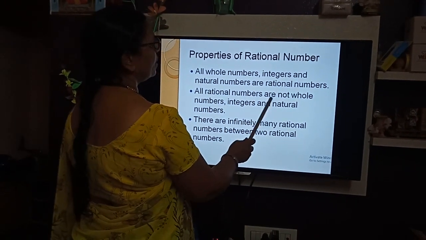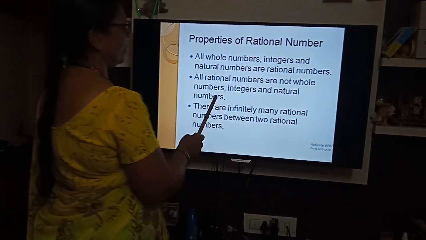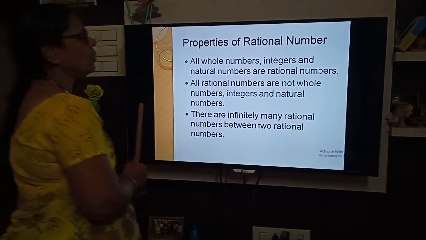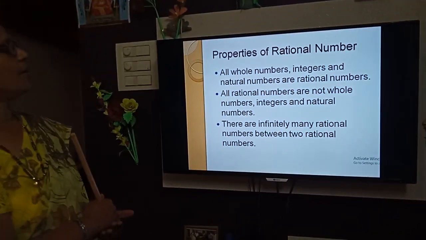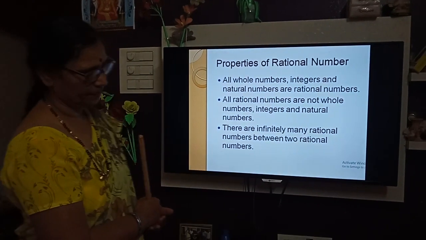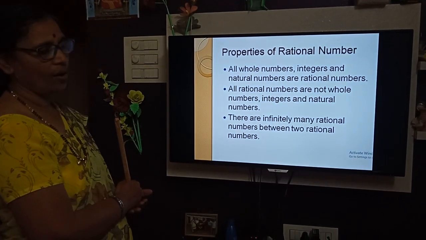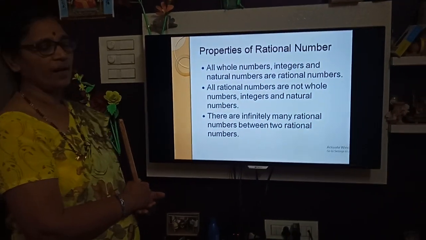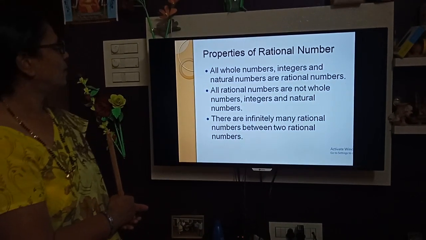All rational numbers are not whole numbers, integers and natural numbers. So, all rational numbers are not whole numbers. How can you justify this? If the denominator is 0, then what happens? It is undefined, right? Okay.